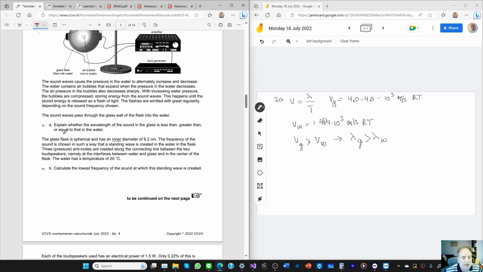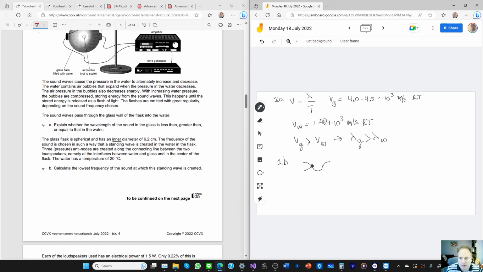The glass flask is spherical and has an inner diameter of 6.2 centimeters. The frequency of the sound is chosen in such a way that a standing wave is created in the water in the flask. Steady pressure antinodes are created along the connecting line, namely at the interface between water and glass, and in the center of the flask. So you have something like antinode, node, and then antinode.